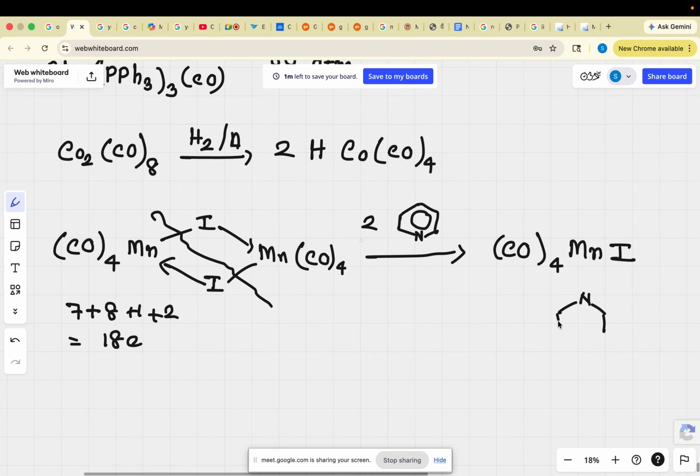So pyridine will donate the lone pair of electrons to the manganese center. If pyridine donates the lone pair to the manganese center, that time you will get 18 electrons. Fine.